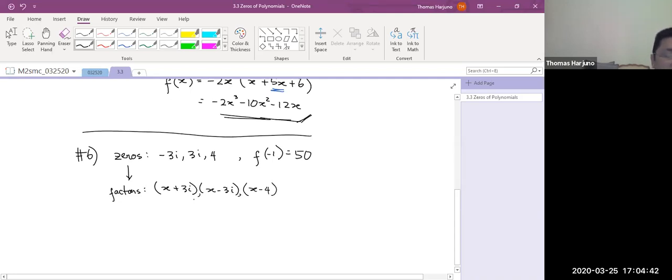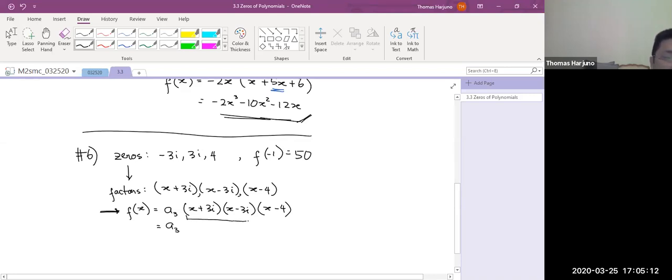Those are the factors, such that f(x) must be a sub 3, because that's the degree 3, times (x plus 3i)(x minus 3i)(x minus 4). Let me leave that a sub 3 for later.